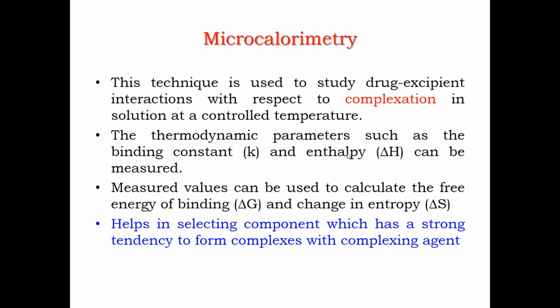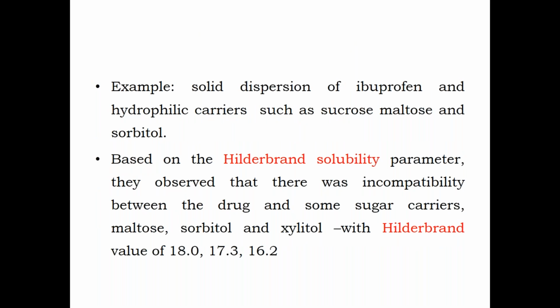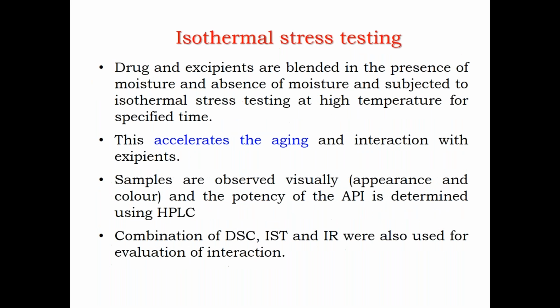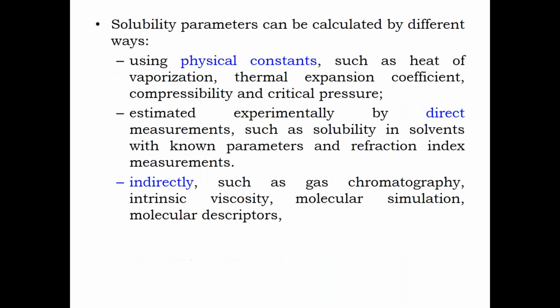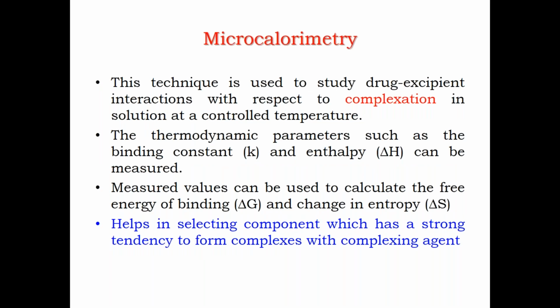So, quickly, the thermal processes we understood: drug excipient interaction, DSC, TGA, and the next one is the microcalorimetry method, the solubility parameter method, and one more, the isothermal stress testing method. These are the various methods you can use for identifying drug excipient interaction, and every method has its own particular applications.